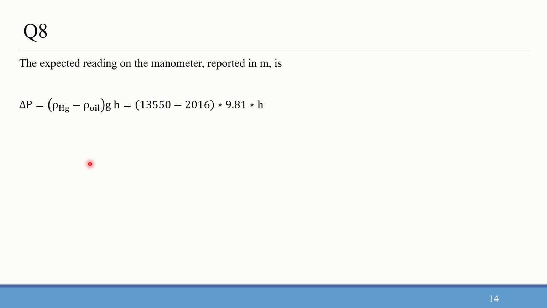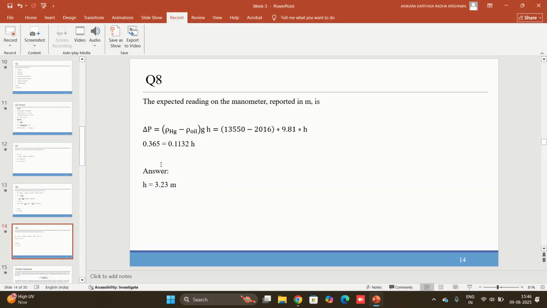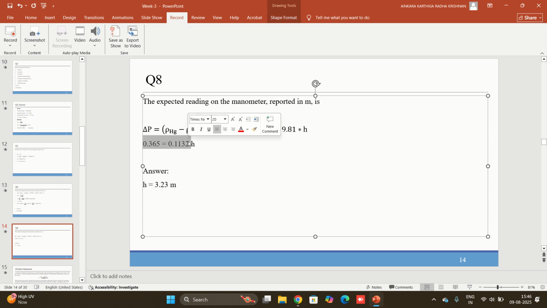Okay, so we are just back substituting. It is 13,550 minus 2016, that will give us 11,534, into 9.81, which gives us 113,148.54 into H. Sorry, I had put it in megapascal, so I divided on both sides.